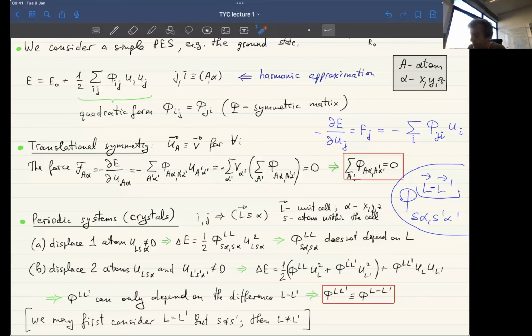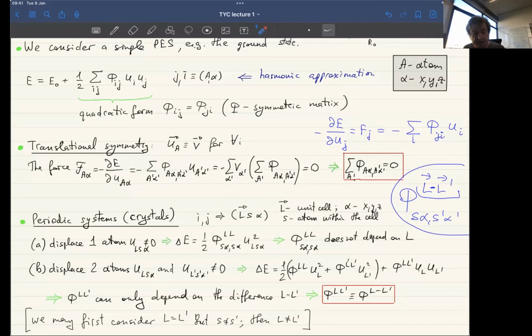Because i and j are composed of these three indices L, S, alpha, you may assume that F would be indexed by L, S, alpha, L prime, S prime, alpha prime. But in fact, because of the periodicity, it is not indexed independently by L and L prime, only by their difference.